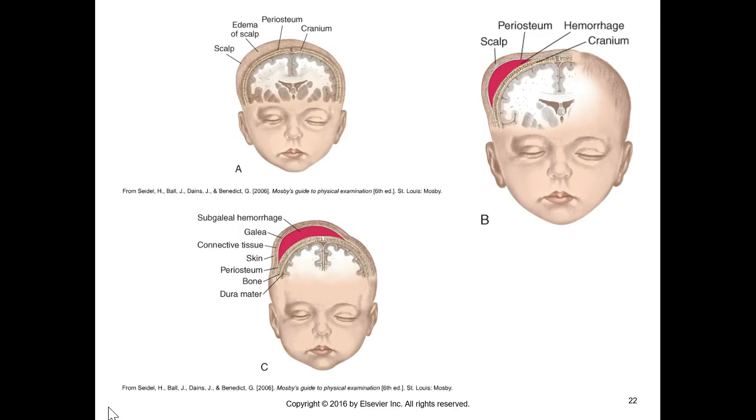So this slide shows caput, cephalohematoma, and subgaleal hemorrhage. Let's talk about caput first, and that's picture A. With caput, you have a generalized edematous area of the scalp on the occiput. It extends across the suture lines and disappears spontaneously within 3 to 4 days.